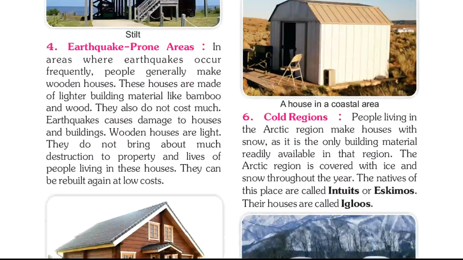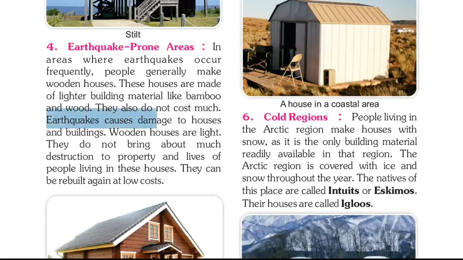Earthquake-prone areas. In areas where earthquakes occur frequently, people generally make wooden houses. These houses are made of lighter building material like bamboo and wood. They also do not cost much.